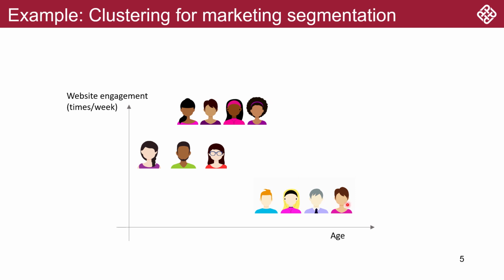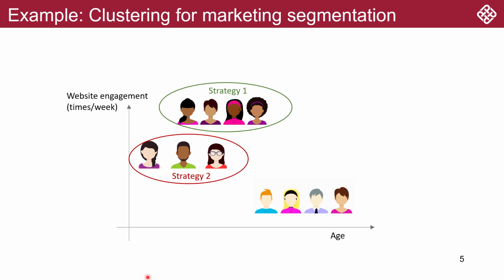So we have the age, and then we have the website engagement. Suppose that we only have two dimensions, and then we want to do the clustering. We plot the distribution, and it's easy by looking at this two-dimensional graph. You can easily circle one cluster, two clusters, three clusters, because lots of them are in a small circle.